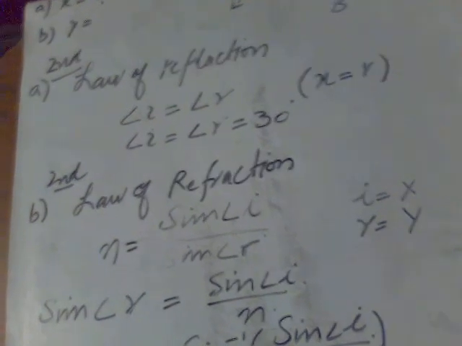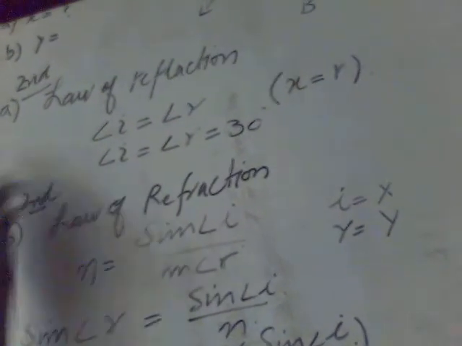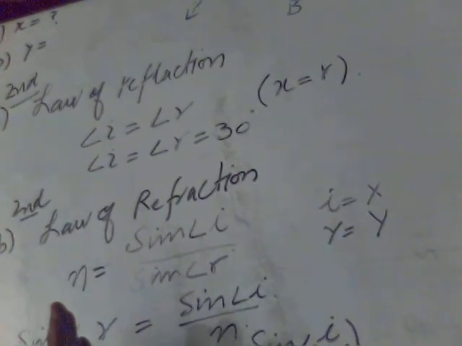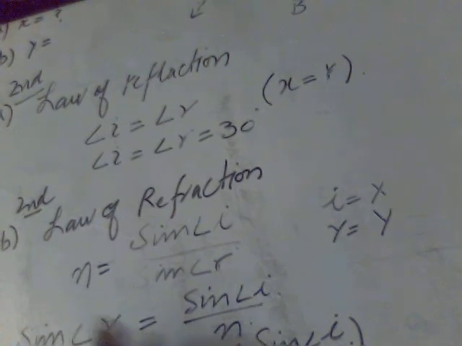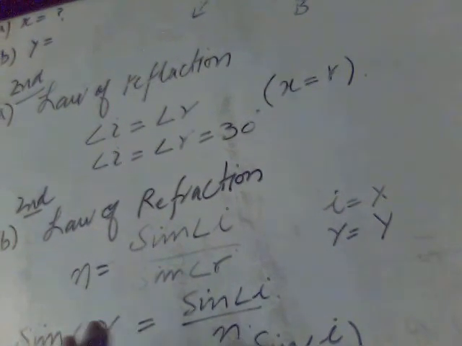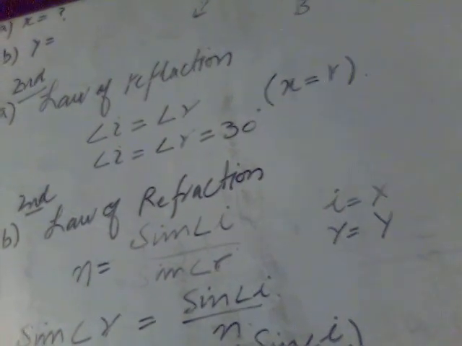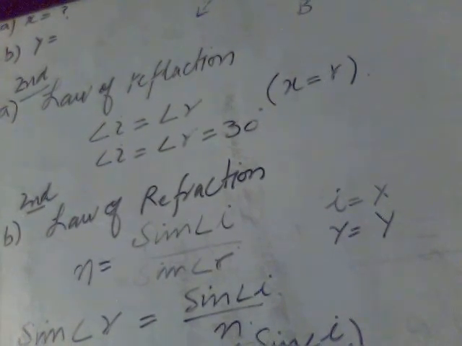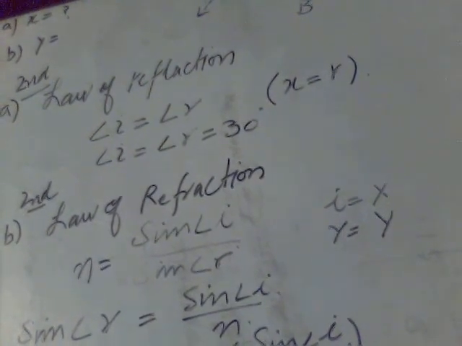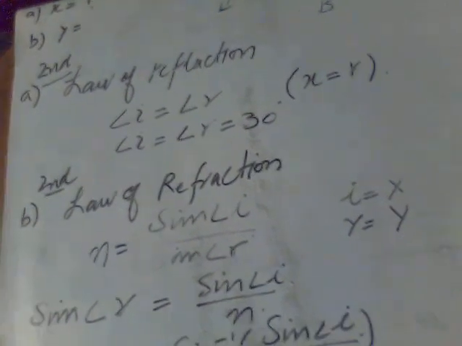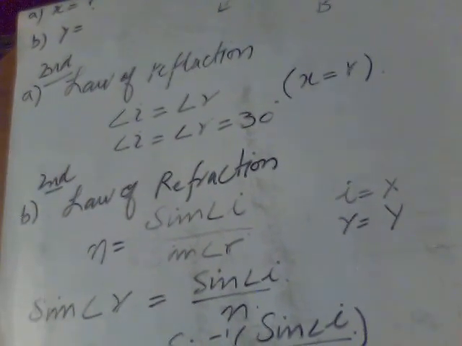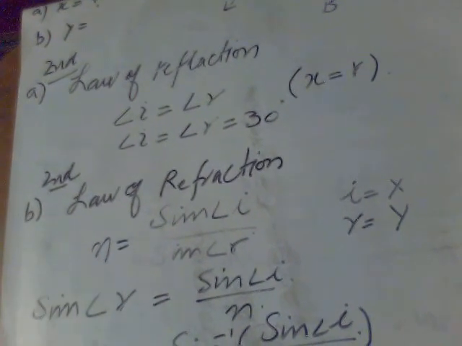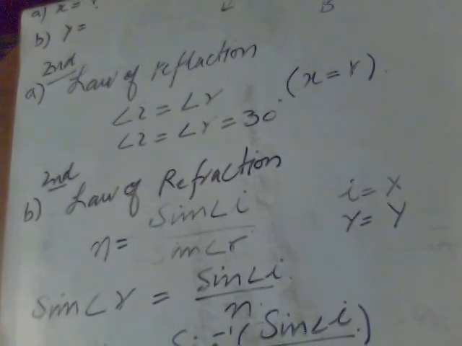In part A we were on the left side in the air, and now the light has entered the second medium, glass, so the angle of refraction is in the glass. According to this, we rearrange the equation. The sine will shift to the right-hand side and become sine inverse.